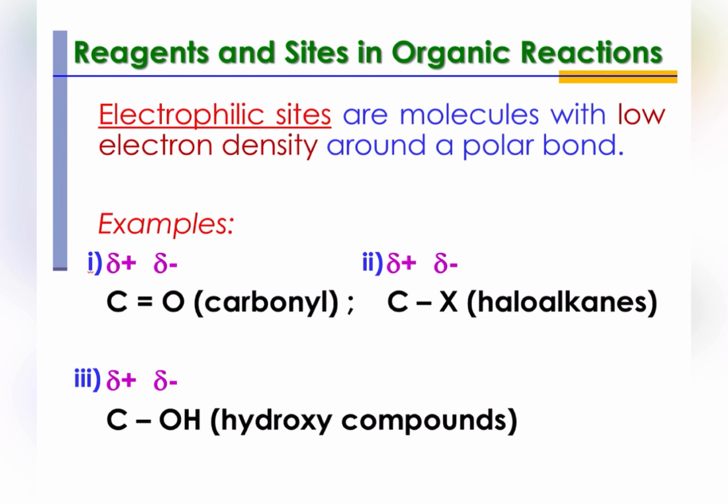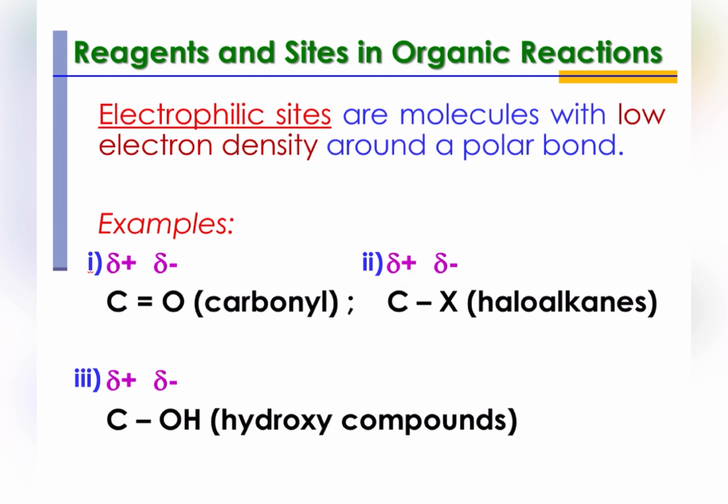For example, carbonyl compounds have C double bond O, where you can see the difference in electronegativity between the carbon and oxygen atoms, where oxygen is more electronegative than carbon. Same goes for haloalkanes. As you see here, a carbon atom is attached to a halogen, and the general symbol is X. Halogens are all in group 17, and of course they are more electronegative than the carbon atom.